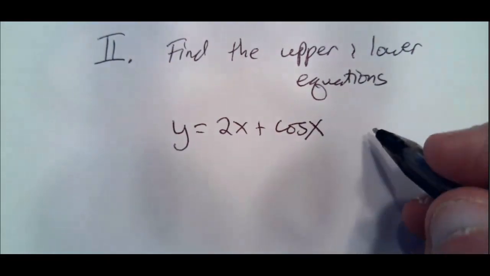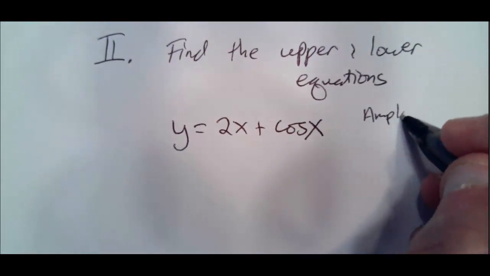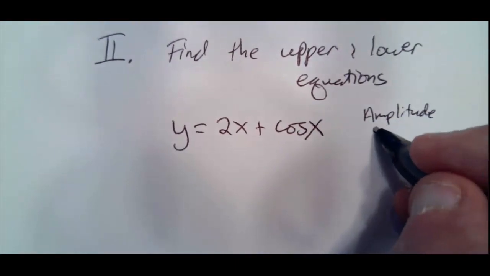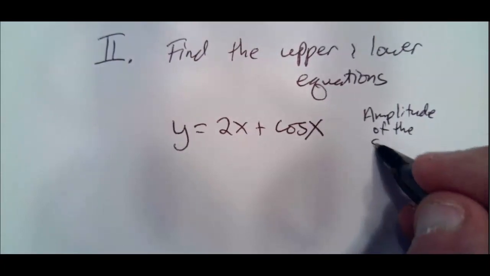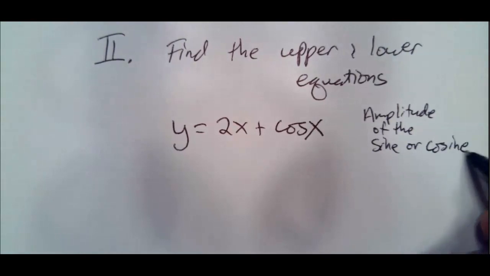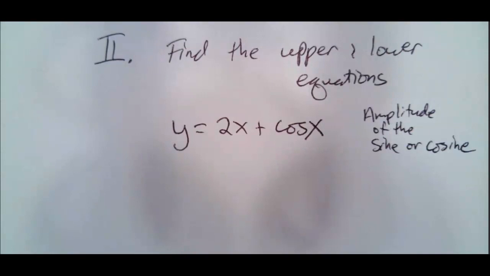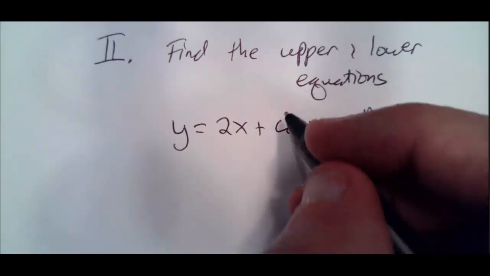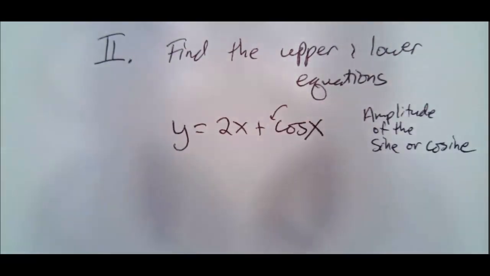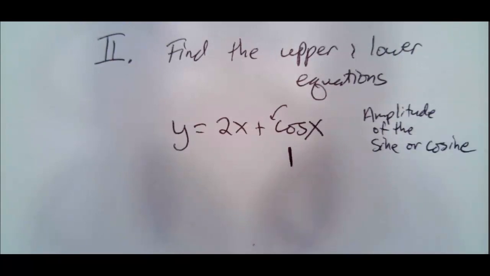Remember, the first thing we need to figure out is the amplitude of the sine or cosine. The amplitude is the number in front. In front of cosine we have no number, so that's understood to be 1.